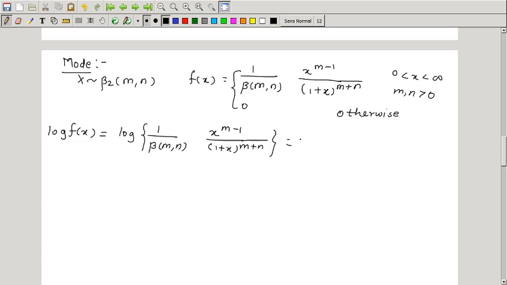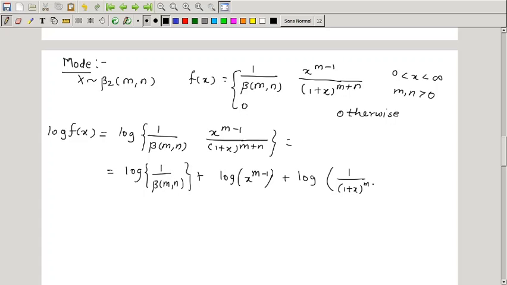So here I write log of 1/B(m,n) plus log of x^(m-1) plus log of 1/(1+x)^(m+n). Since log of 1/a is a raised to minus 1, by using the log this is minus log B(m,n) plus (m-1) log x minus (m+n) log(1+x).